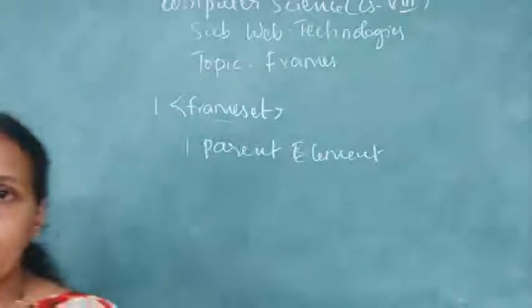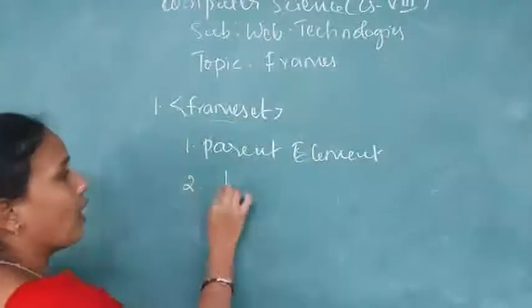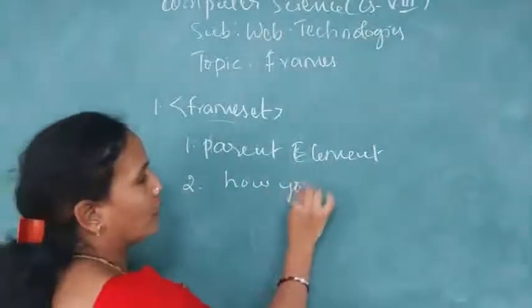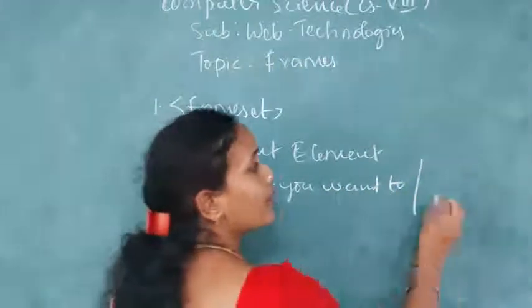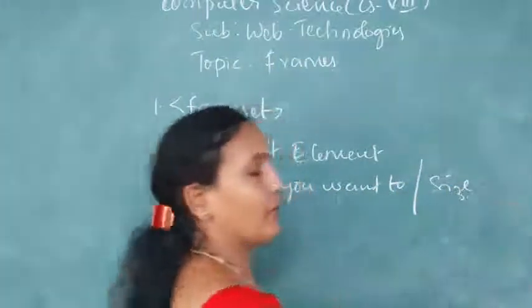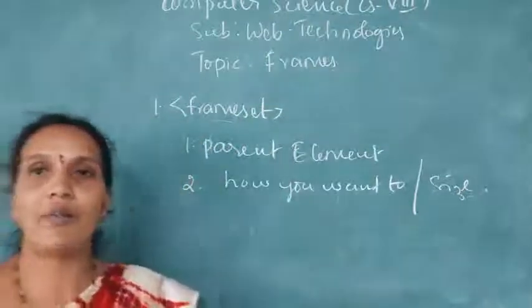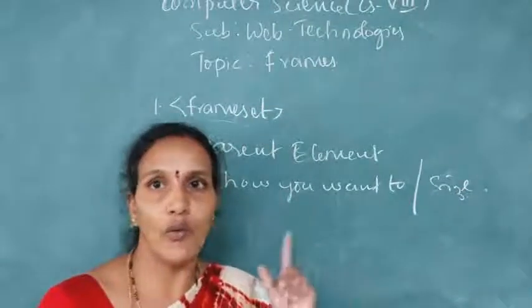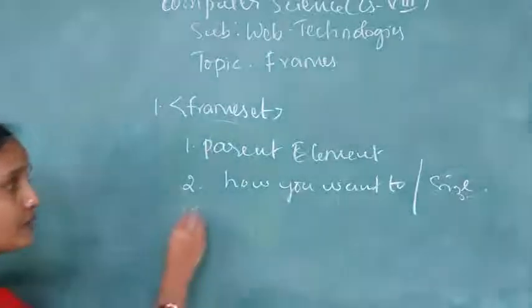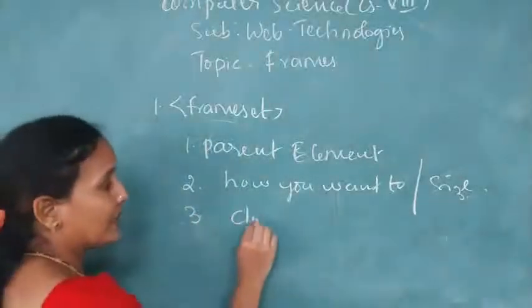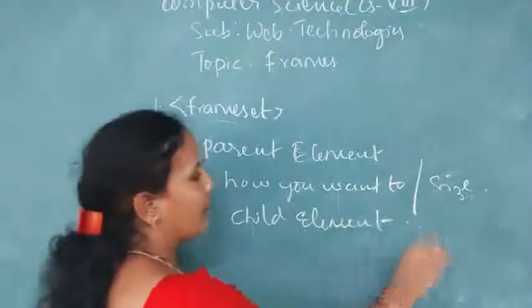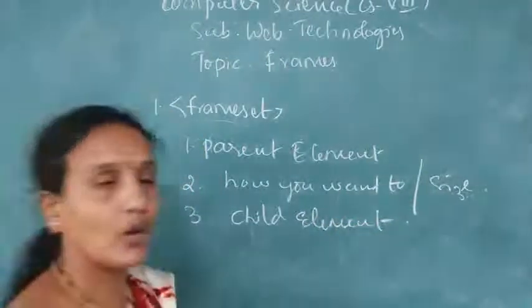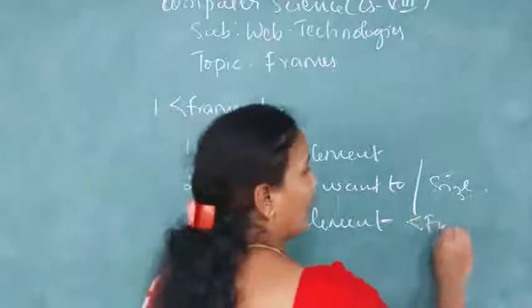What information will we give here? How you want to divide the browser window and the size of each frame. That information is passed by using the frameset tag. Next, frame is a child element of frameset.